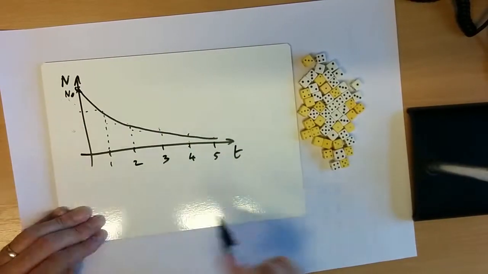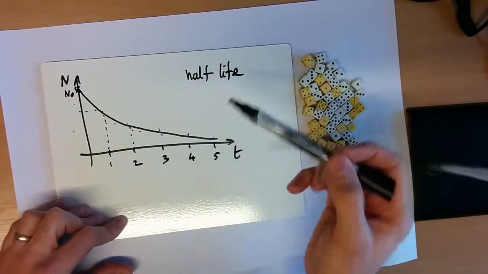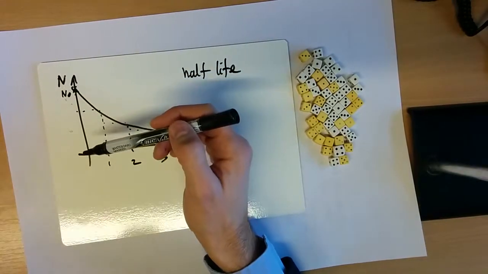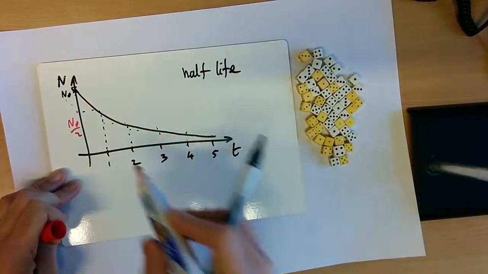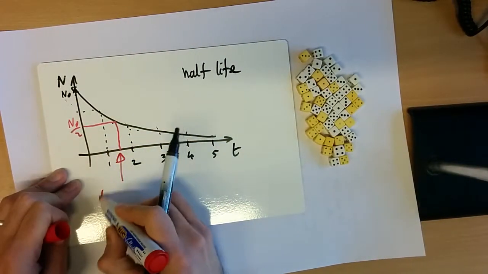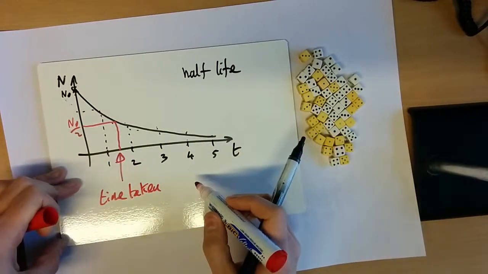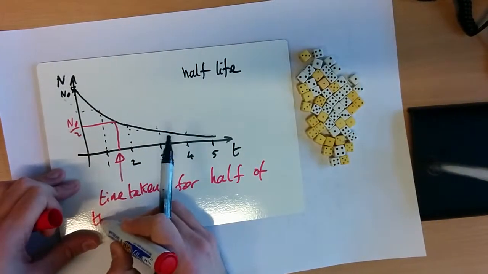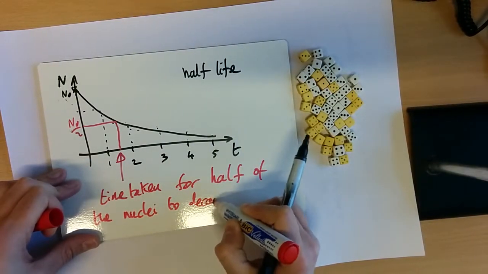Now we want to look at something called the half-life. This is where we started. If we want to come down to a half, so we want to come down to N0 over 2, look at this. This is the time taken, the half-life, the time taken for half of the nuclei to decay.